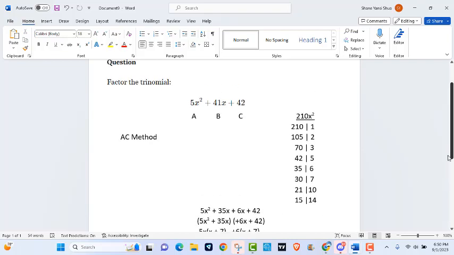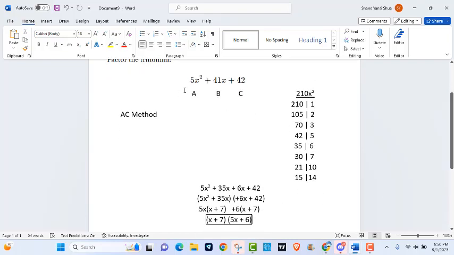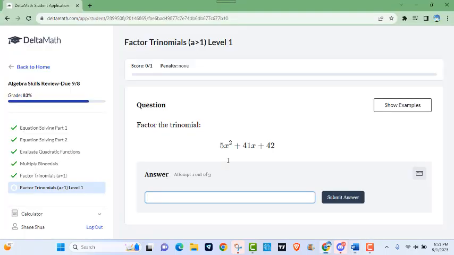So the factoring of the trinomial 5x squared plus 41x plus 42 is x plus 7 times 5x plus 6. And if you were to FOIL this back, you would get this here. Okay, so let's put this in, x plus 7 and 5x plus 6.